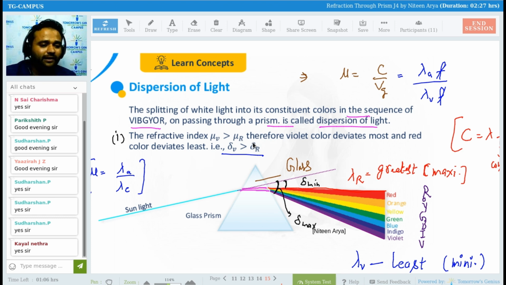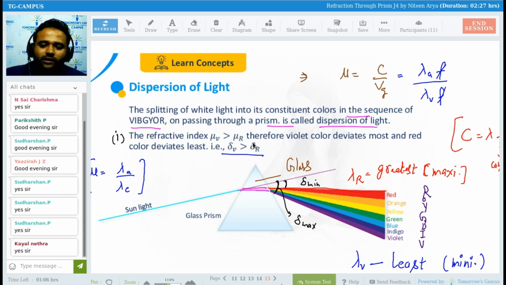Okay. Sometimes, to make a theoretical question moderate or complex, the examiner can do a match the column kind of thing, give you one theoretical concept, then give you 2-3 points and ask which statement is correct: all three, all two, none of them, or every one of them. Clear? What I'm saying right now: in dispersion of white light, violet color deviates more, or red color deviates less.